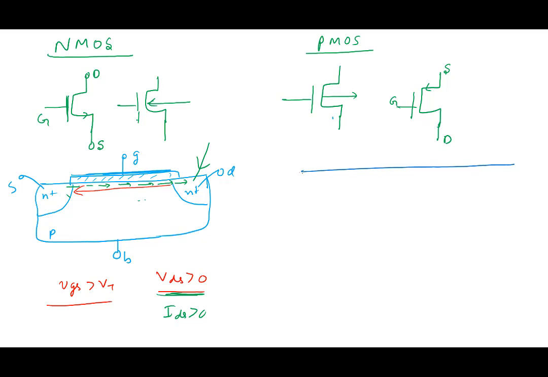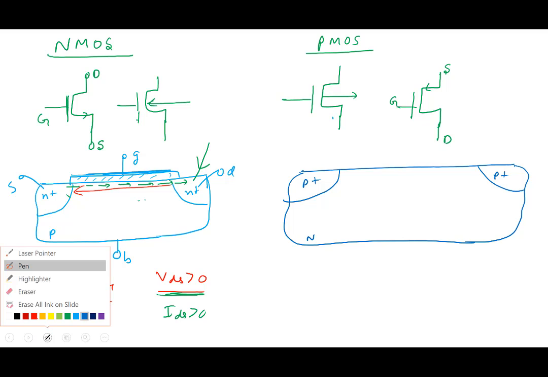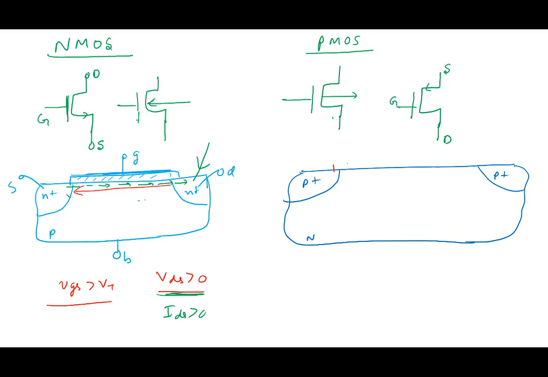So PMOS is made on N-type semiconductor, and its source is P plus. This is PMOS, P plus, and it also has a gate, same gate, oxide, and we put on top a metal.